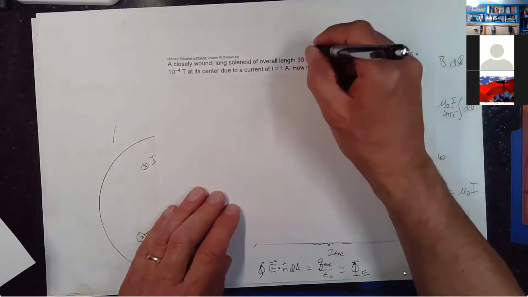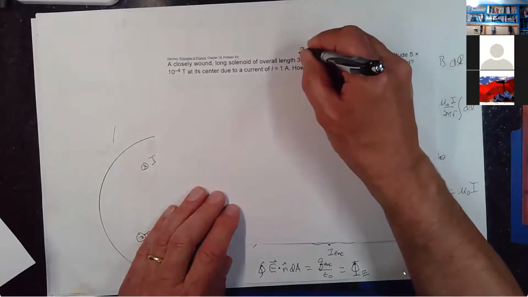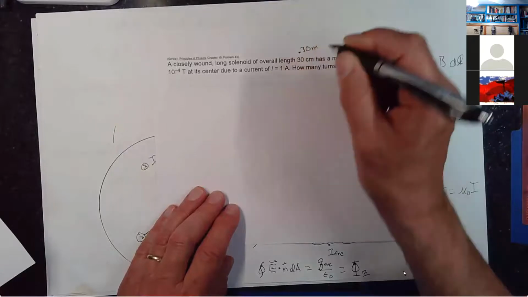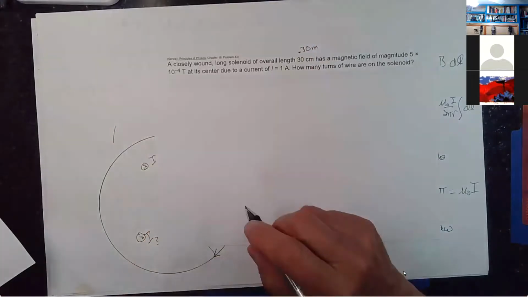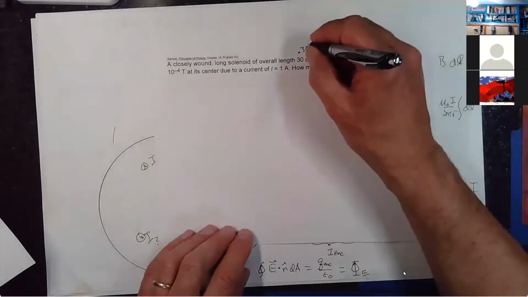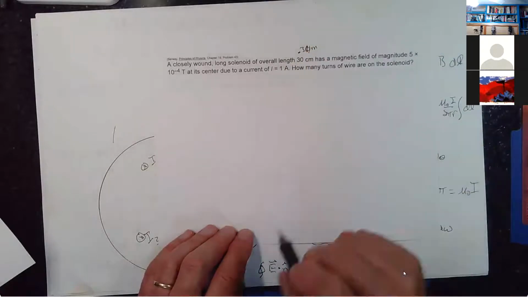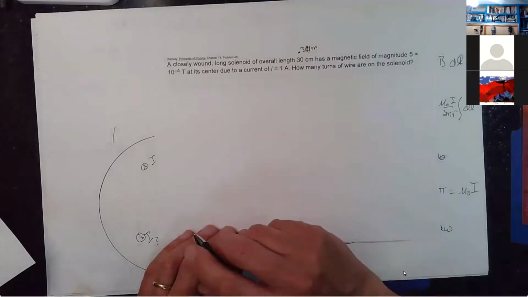Well, 30 centimeters is 0.30 meters. Actually, we've only got 1 sig fig on everything here, so we'll just call it 0.3 meters.